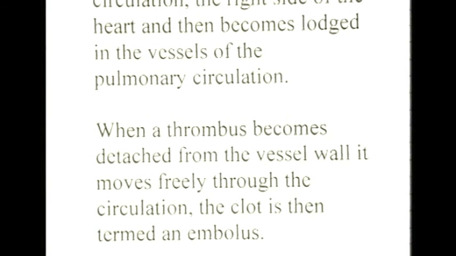So when a thrombus becomes detached from the vessel wall, it moves freely through the circulation until it becomes lodged in a smaller vessel, and then it's called an embolus. So, if you like, an embolus is a clot on the move, a thrombosis is a clot where it was first generated.